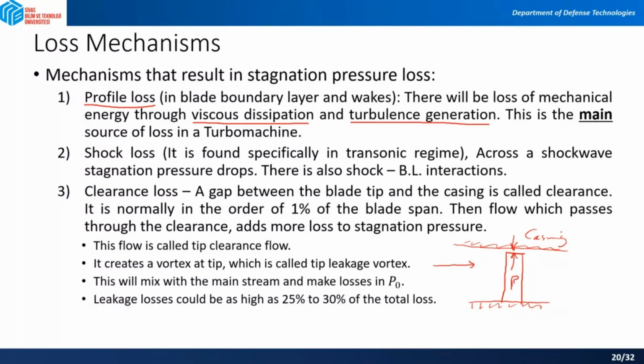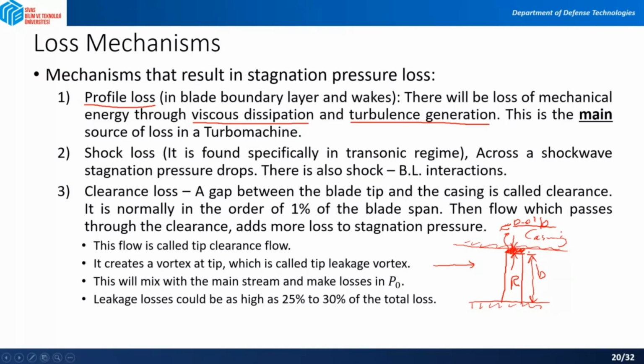Why? Because this is a rotor blade and it is rotating, so we cannot attach it to the casing. So there will be a small gap between the blade and the casing. This clearance will be in the order of 1% of the total span of the blade. So this is B, the span of the blade, so it is 1% of B.